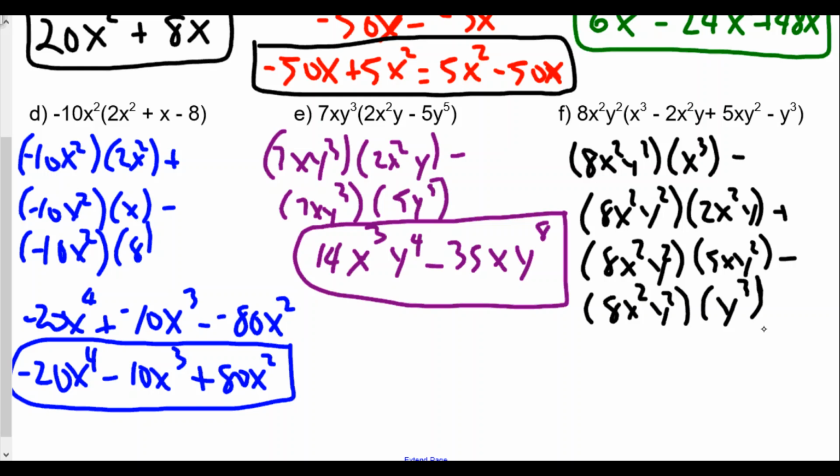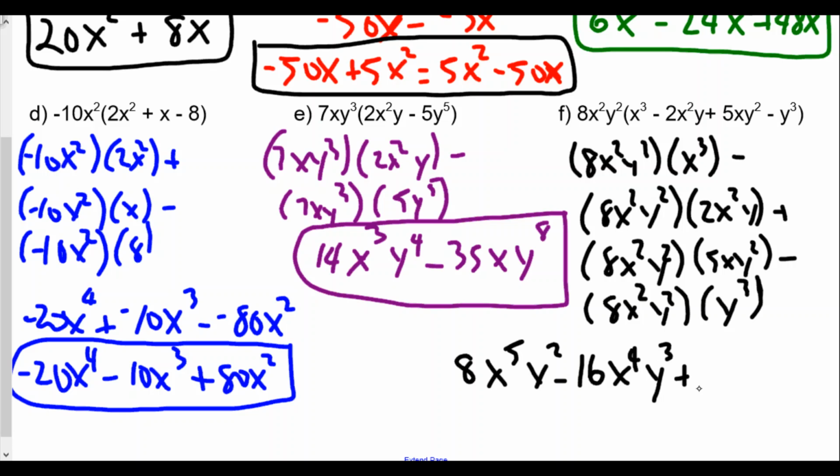All right, we multiply out. This is going to be a long one, there are going to be 4 terms here. So 8x squared times y squared times x to the third becomes 8x to the fifth y squared, minus 8 times 2 is 16. X squared times x squared is x to the fourth. And then y squared times y is y to the third.